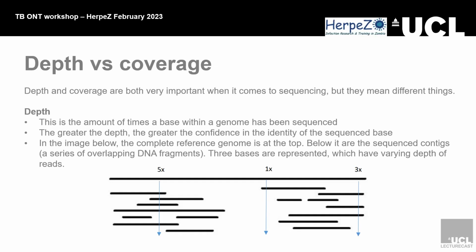What you're seeing is such a tiny representation of the whole genome. With TB, because it's a slightly more complicated organism, the bigger the depth, the better. But the minimum cutoff for Nanopore is generally considered to be about 40 as an average across the whole genome, so it might not be 40 at every position.